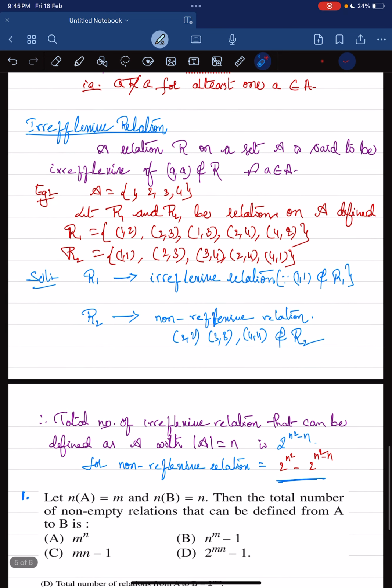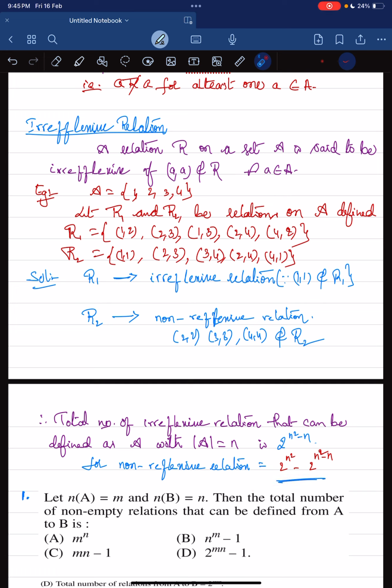Now the total number of irreflexive relations that can be defined on set A, with n elements in A, is 2 power n square minus n. So for non-reflexive relations: total relations minus reflexive relations, 2 power n square minus 2 power n square minus n. This is the number of non-reflexive relations.